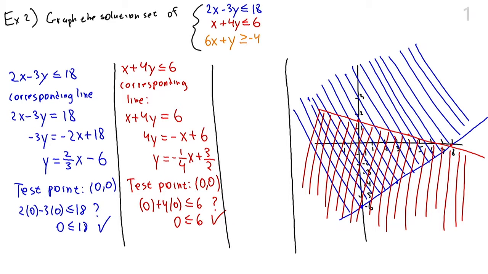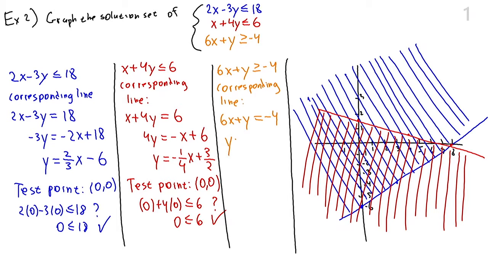So the third inequality is 6x plus y greater or equal to negative 4. We again look at the corresponding line. Corresponding line is 6x plus y equals negative 4.